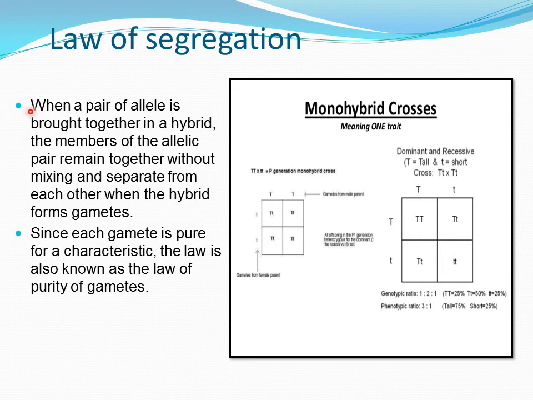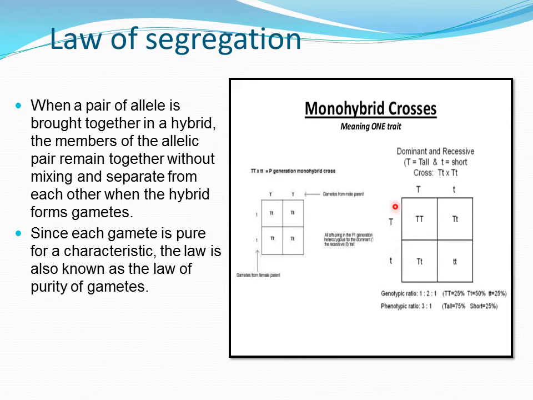It states when a pair of alleles is brought together in a hybrid, the members of the allelic pair remain together without mixing and separate from each other when the hybrid forms gametes. Is it clear? When they are forming gametes, the individual T and t, we have separated them.